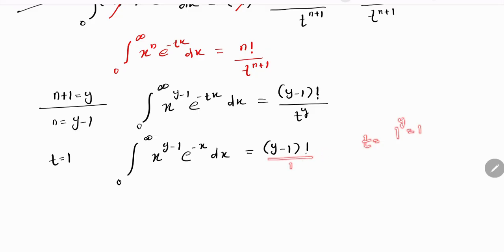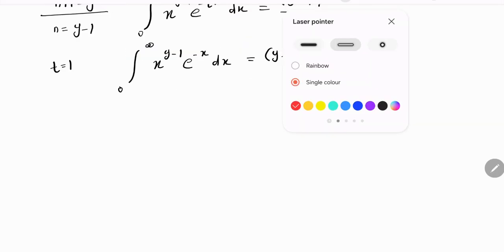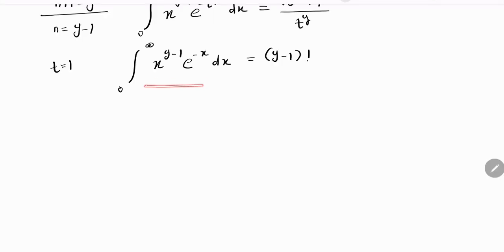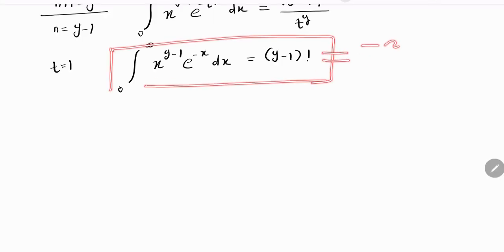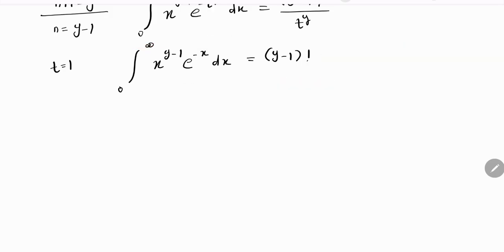So this is divided by 1, since we are choosing t equal to 1. So this is a gamma function. This is equal to gamma of y. So we can write gamma of y is y minus 1 factorial.